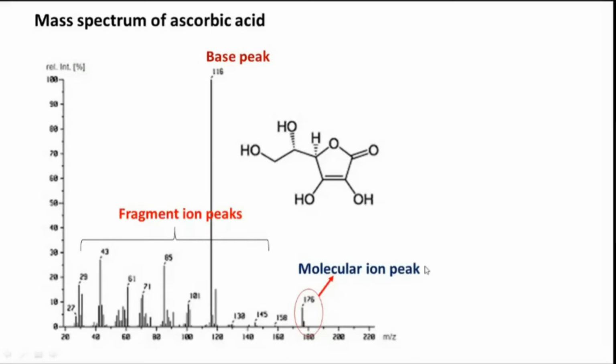The molecular ion peak provides information regarding molecular weight and molecular formula. The base peak as well as fragment ion study provides information regarding functional groups as well as the structural arrangement in an organic compound.